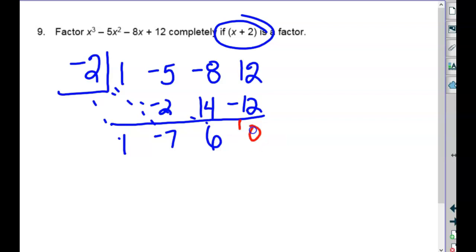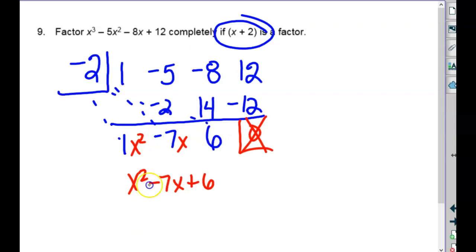But that's the whole point, right? Is that if I did do something wrong, if it doesn't come out 0, because it says is a factor. Now, this is the remainder. This is a constant. This gets an x. This gets an x squared. So I have x squared minus 7x plus 6. It says factor this completely.